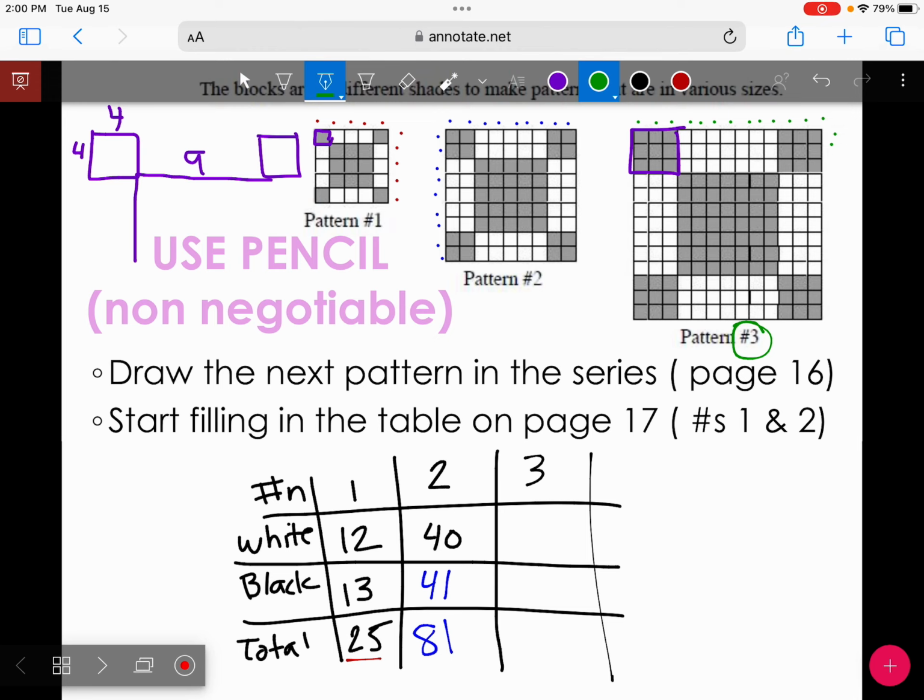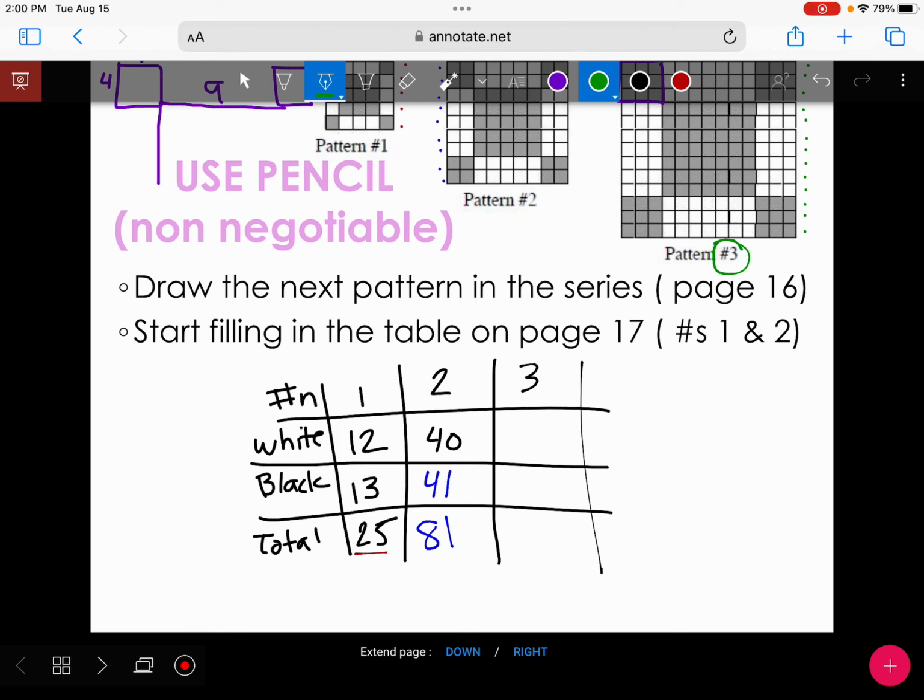By 1, 2, 3, 4, 5, 6, 7, 8, 9, 10, 11, 12, 13. So we know this is 13 by 13. It's 169 tiles. From that information, can we figure out how many white tiles and black tiles?